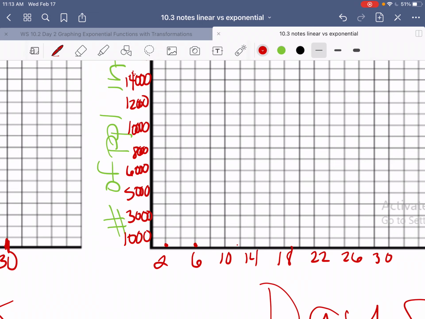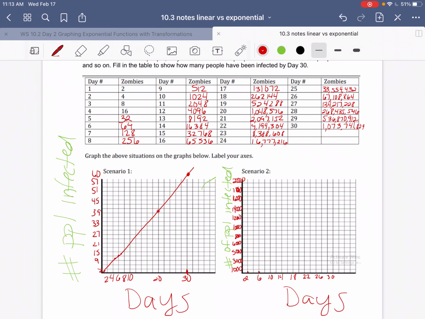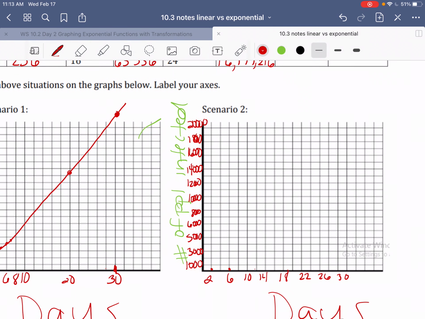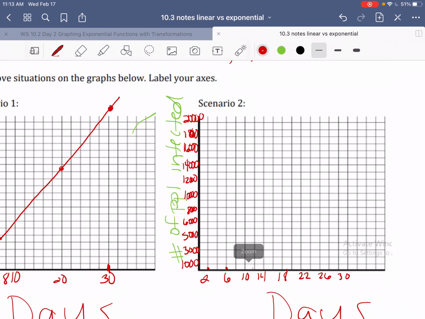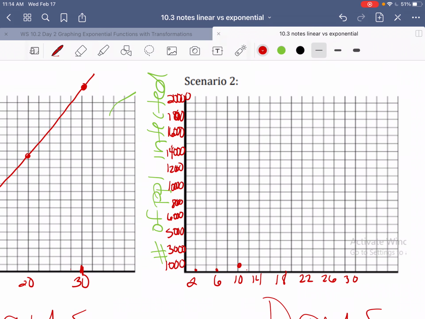Same with day 6. Day 10, we were getting somewhere. Day 10, we were at 1,000.